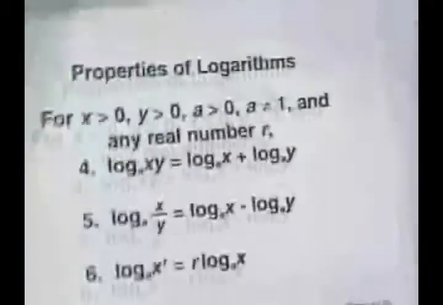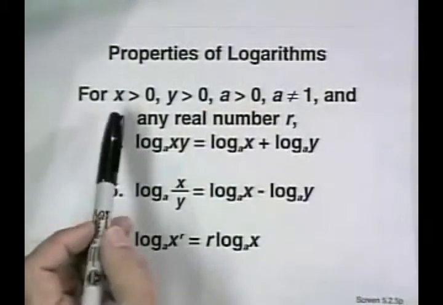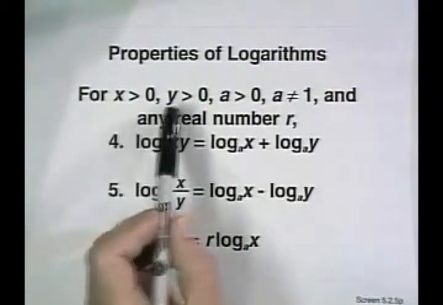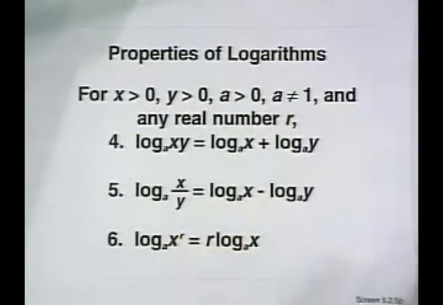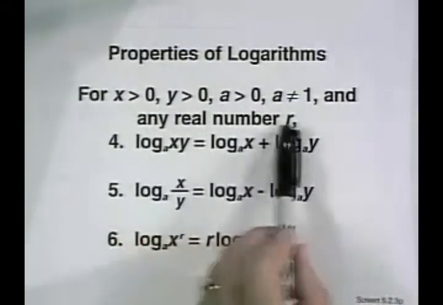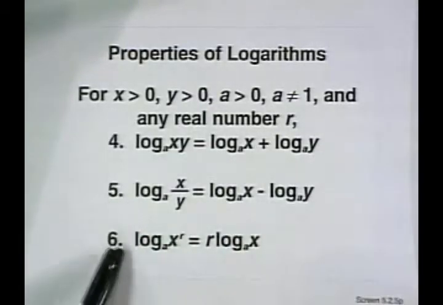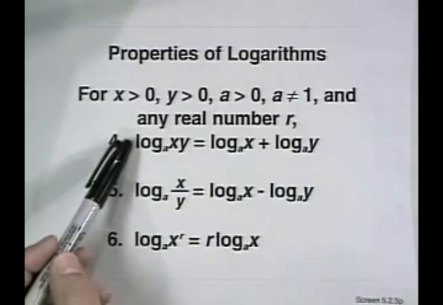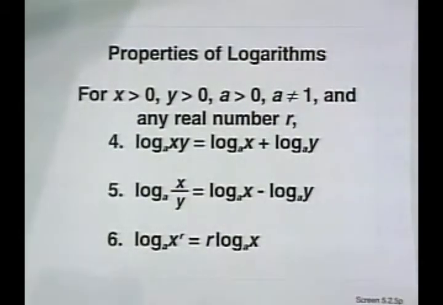Now let's look at three other properties. Let's assume that x is larger than 0, y is larger than 0, and a is larger than 0 but not 1, and any real number r. These properties are respectively called the multiplication property, division property, and power property.